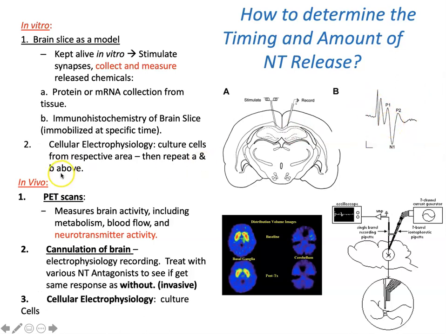We also have in vivo tools that we can utilize. So with these in vivo tools, you're actually recording brain function within the animal. And so there are some limitations here. Obviously, it would be difficult to do this with humans, but this has been done primarily with primates.